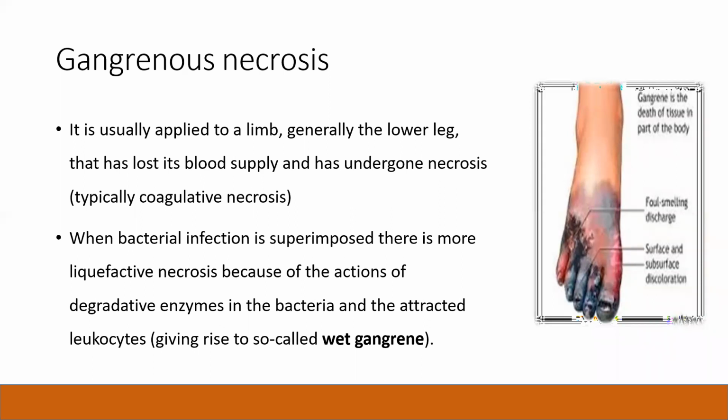It is typically coagulative necrosis when bacterial infection is imposed. There is more liquefactive necrosis because of the action of degradative enzymes in the bacteria and the attracted leukocytes, giving rise to so-called wet gangrene.